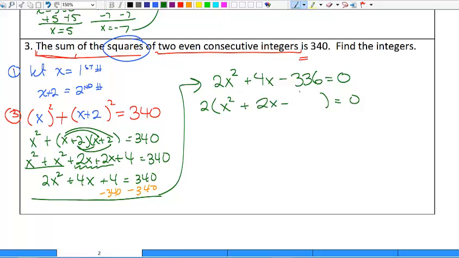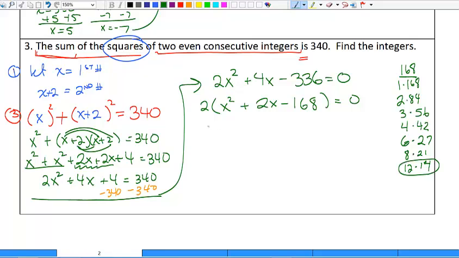So 336 breaks down into 2 times 168. So I need the products of 168. Okay, so once I've got my list of factors of 168, it looks like 14 and 12 are going to work.